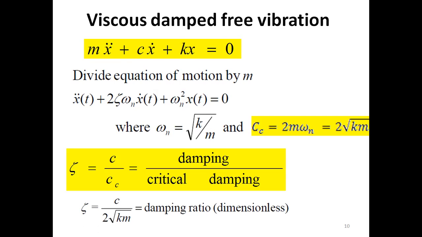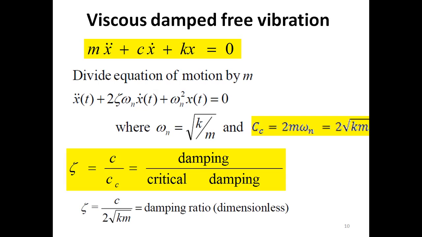Here we would define another parameter, which is the critical damping. We would discuss critical damping in the coming lectures, but up till now, remember that critical damping is the property of the system. It is the damping which brings the system to the equilibrium position in the least time.